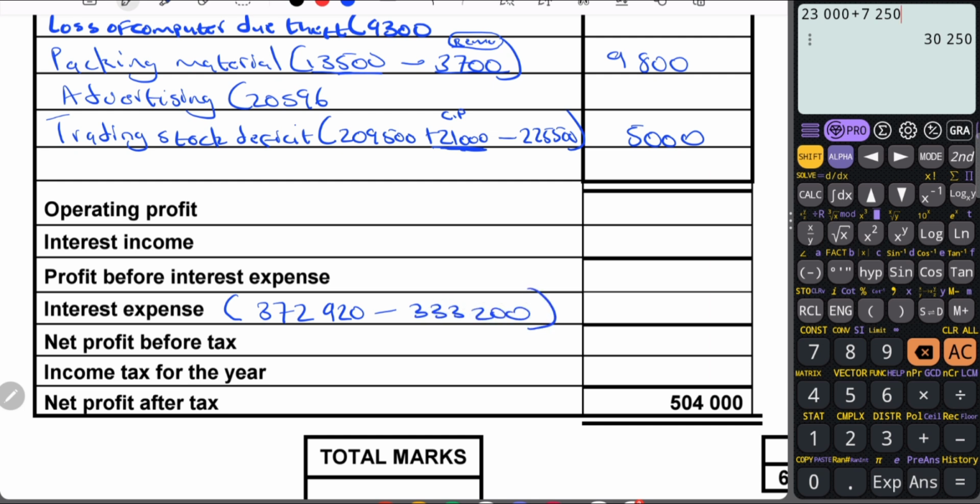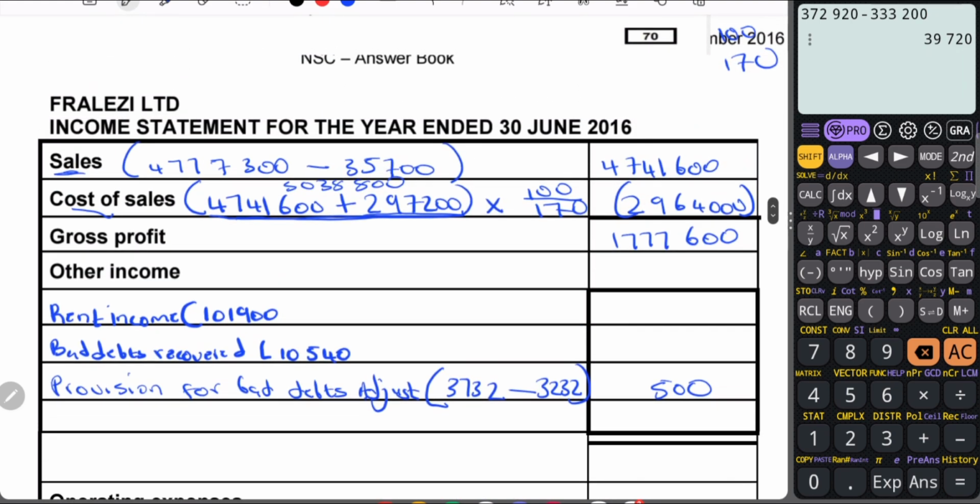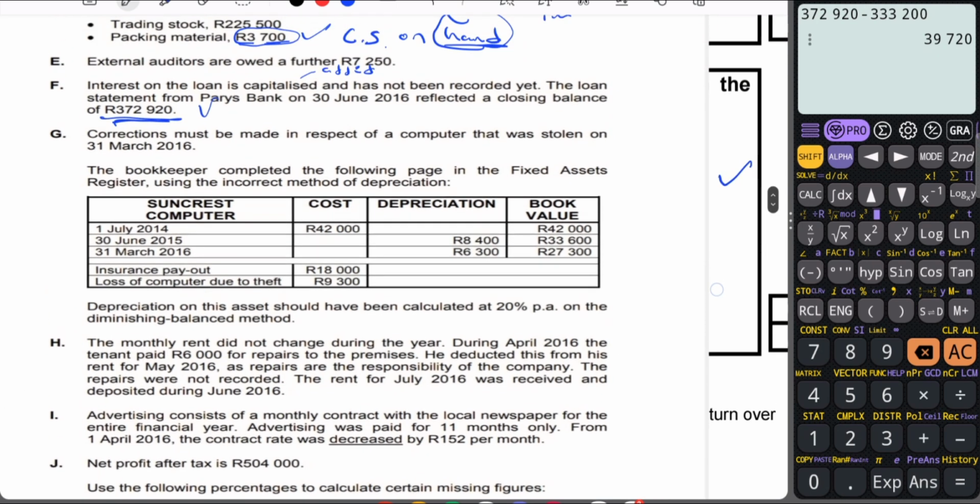Then we are going to get our interest, which was added. Our interest, which was added on the loan amount, is 39,720. Alright, now let's continue with our information now.